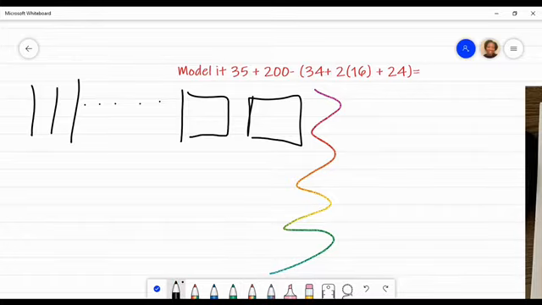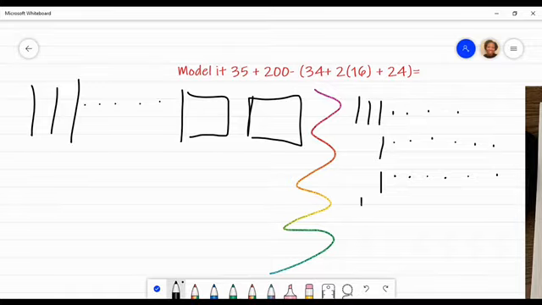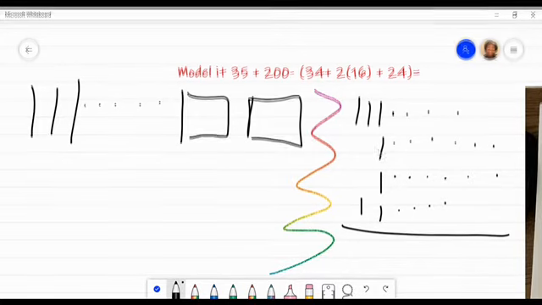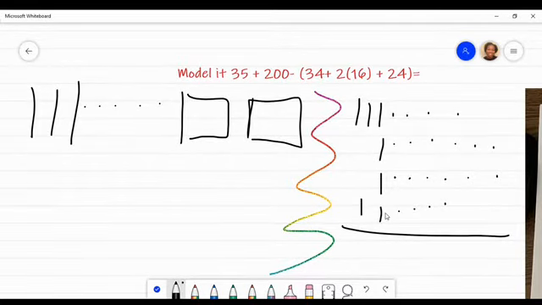So first I have to figure out the total amount. 10, 20, 30, 31, 32, 33, 34, then 10, 11, 12, 13, 14, 15, 16, again 10, 11, 12, 13, 14, 15, 16, and 10, 20, 21, 22, 23, 24. And then I add everything up: 40, 50, 60, 70.